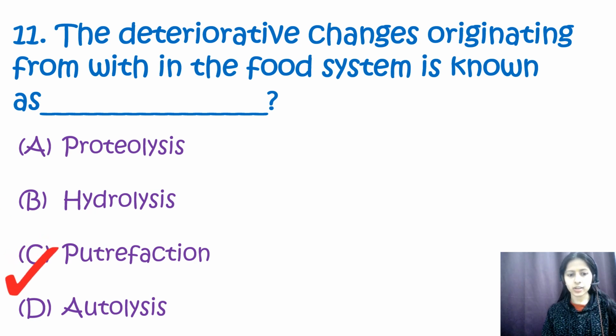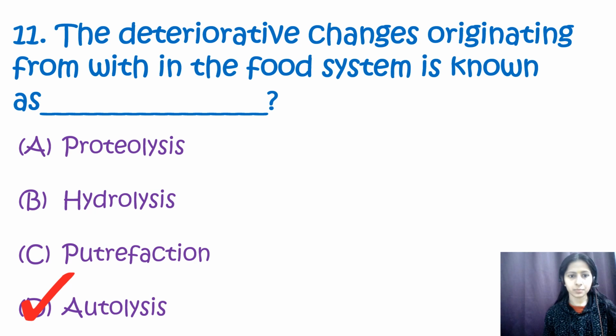Autolysis is a process in which cells or tissues are broken down by their own enzymes, whereas putrefaction is a process of decomposing organic matter, usually by bacterial action, which results in the formation of other substances. And hydrolysis is a chemical reaction in which water is used to break down a compound into smaller or simpler substances.